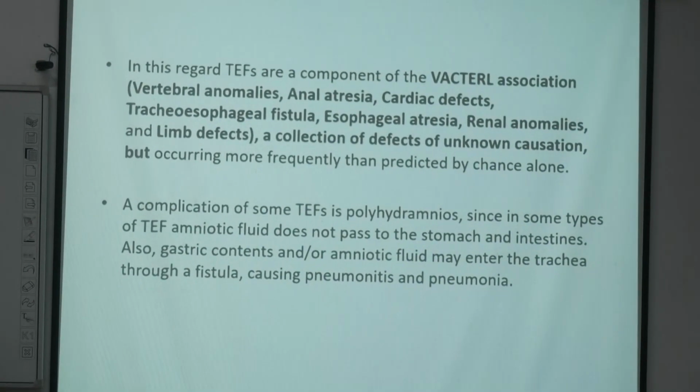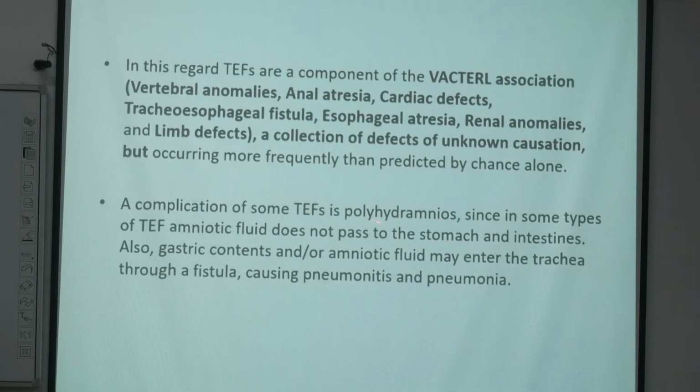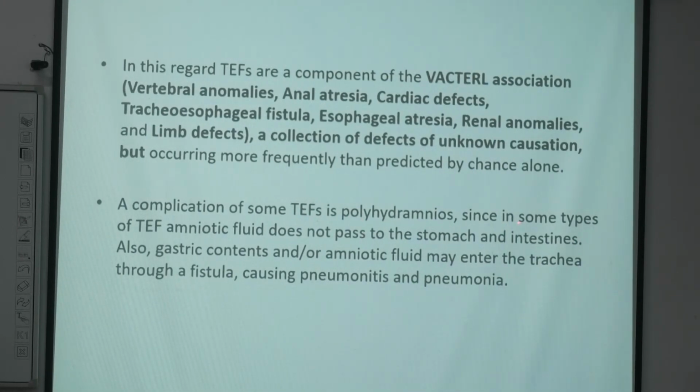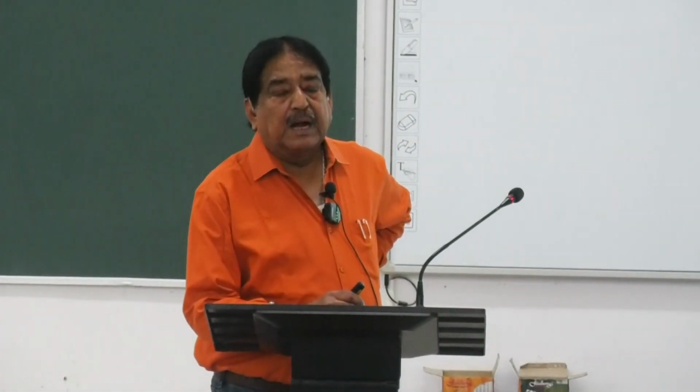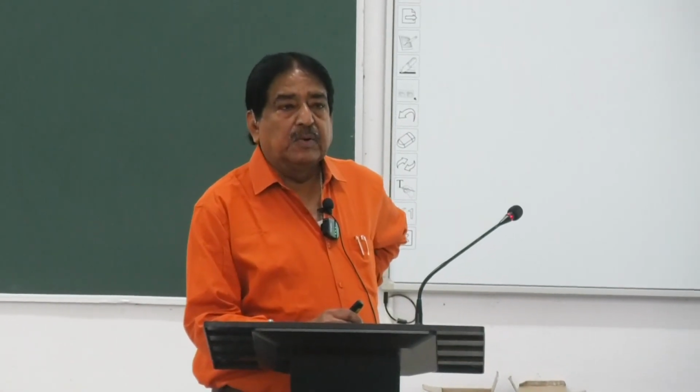A complication of TEFs is polyhydramnios, since in some types of TEF, amniotic fluid does not pass through to the stomach and intestine. Also gastric contents or amniotic fluid may enter the trachea through the fistula, causing pneumonitis and pneumonia. Now, polyhydramnios will be diagnosed on ultrasound.